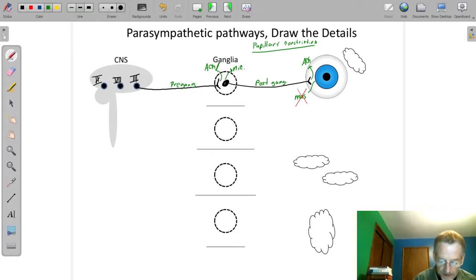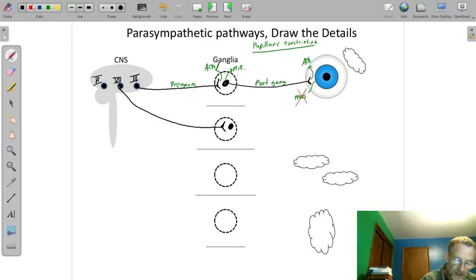And here's our preganglionic again. Same neurotransmitter, same receptor story.